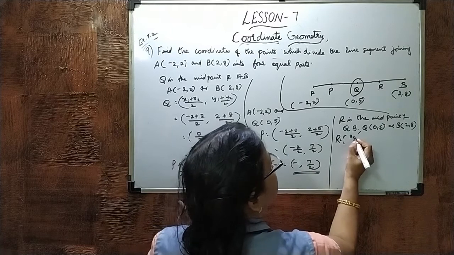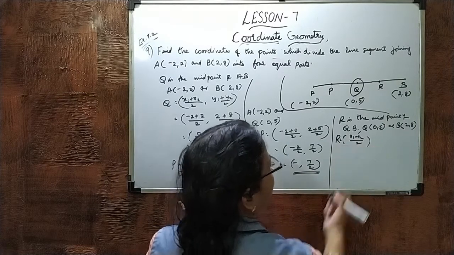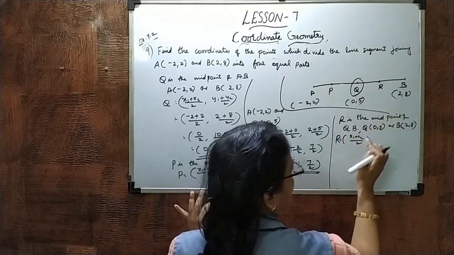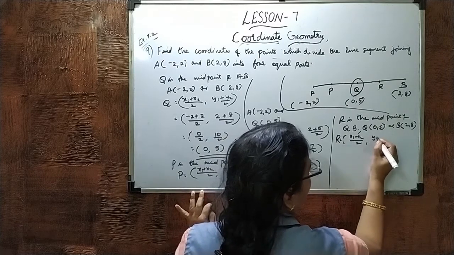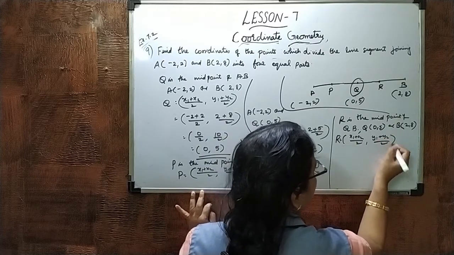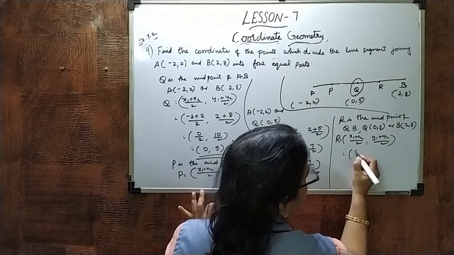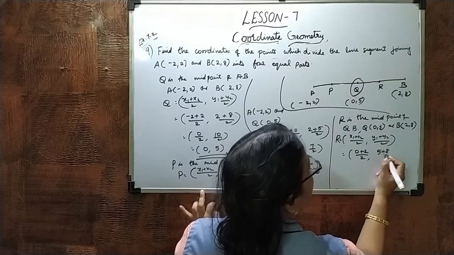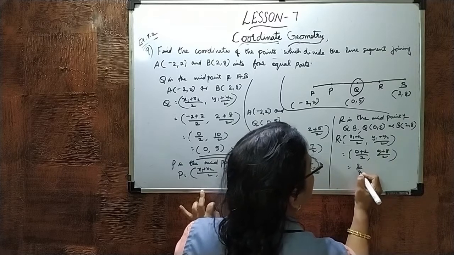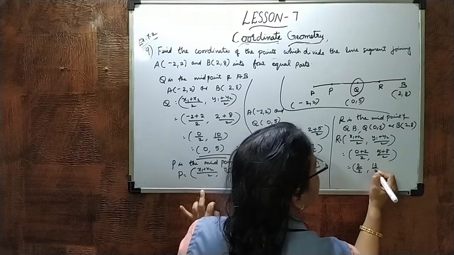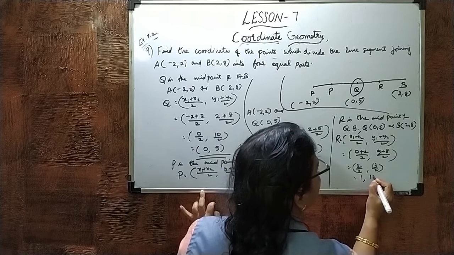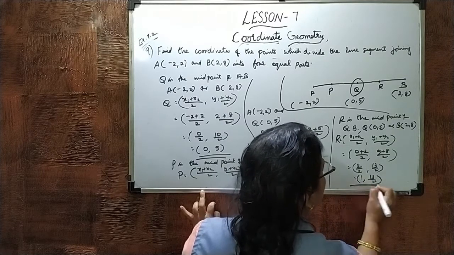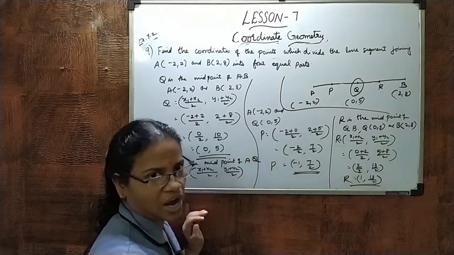R equals (x1 plus x2) by 2 because R is the middle point of QB. Okay? And (y1 plus y2) by 2. Then it will be (0 plus 2) by 2 and then (5 plus 8) by 2. That means 2 by 2 and 13 by 2, which is 1 and 13 by 2. This is the coordinates of R.